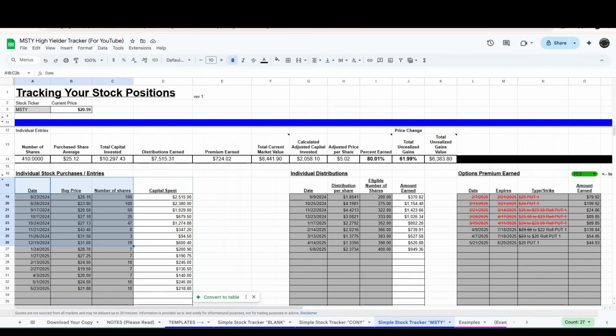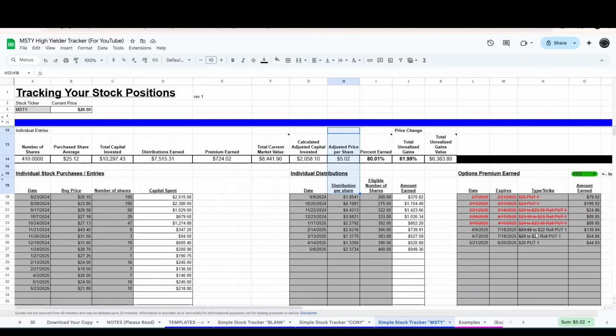Because right now, it is not counting these 300 shares that I've got in the puts because I don't necessarily own them yet. Now, if those expire worthless, then the numbers up here all stay the same, as these will just expire worthless.